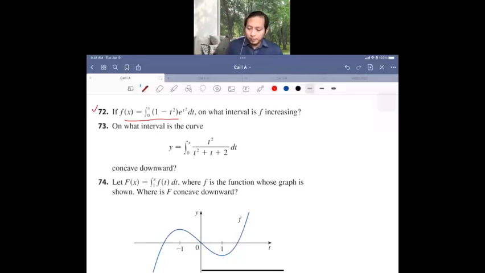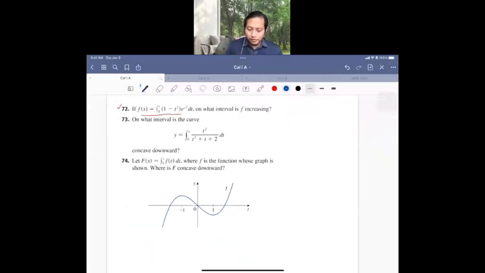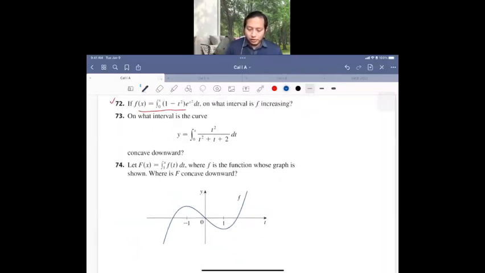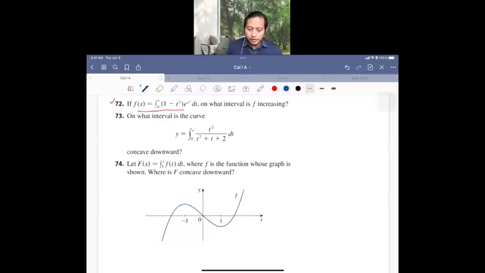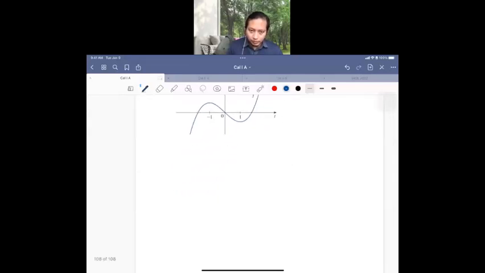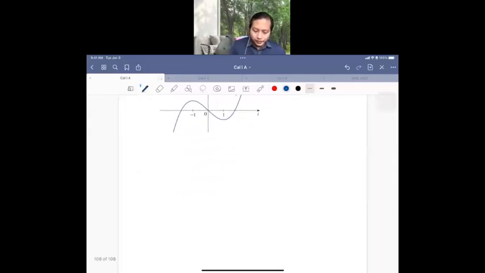Okay, probably I will do this for you for number 72 to give you much clearer information. So we have, let me write, f of x is the integration.